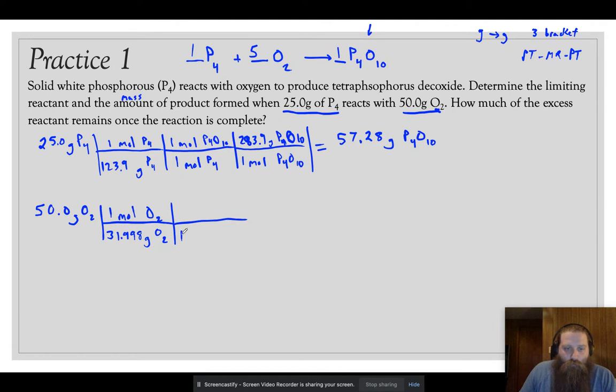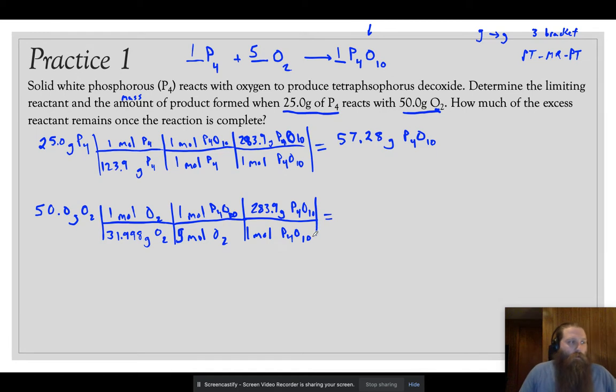We see on our balanced equation that 5 moles of O2 produces 1 mole of P4O10. And then my last bracket is just the molar mass of P4O10 again, 283.9 grams of P4O10.